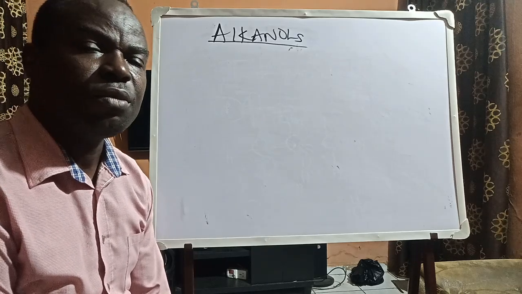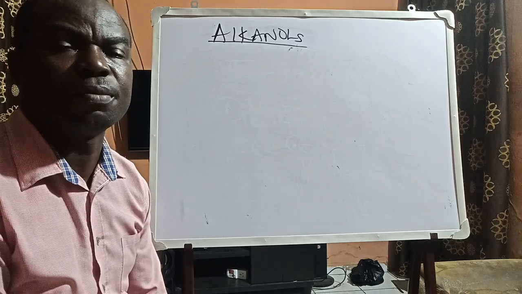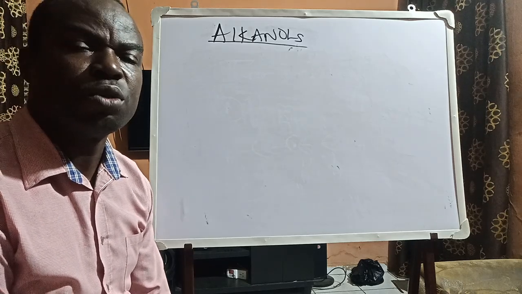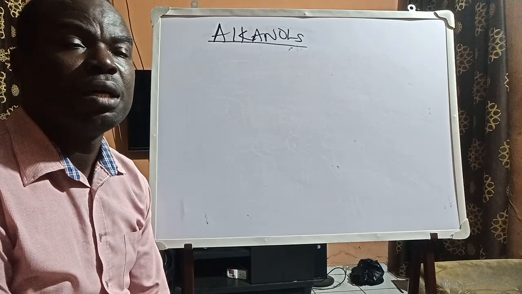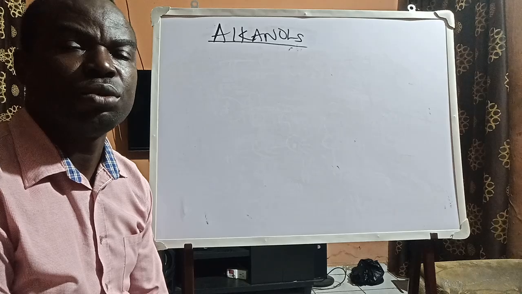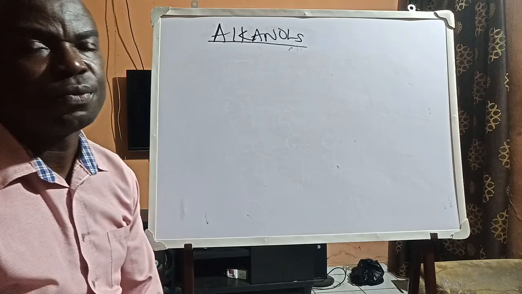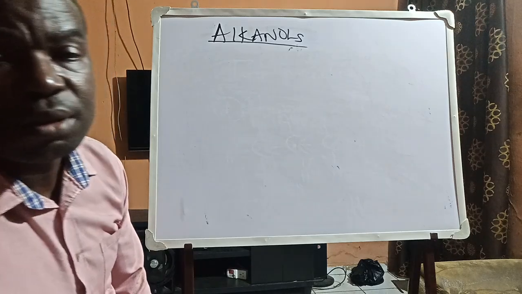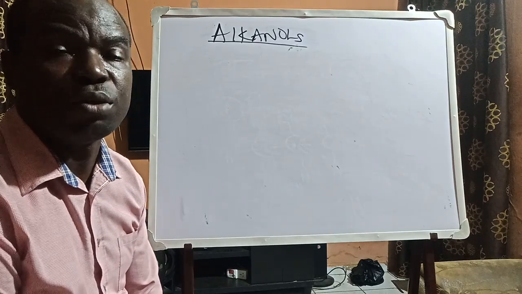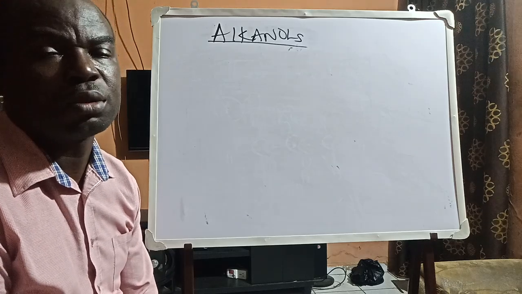In the last video, we were able to talk about some examples of ALKANOLS, and I want to believe you understood it to a good extent. But in this video now, I would like us to explore more examples.